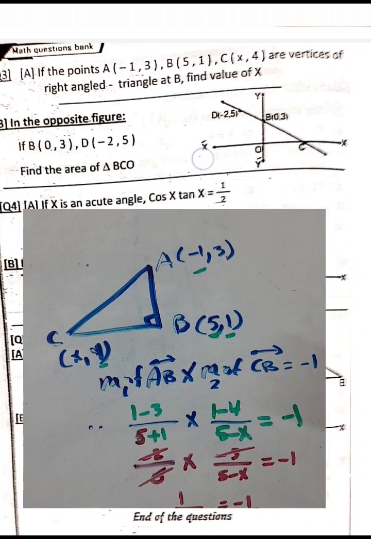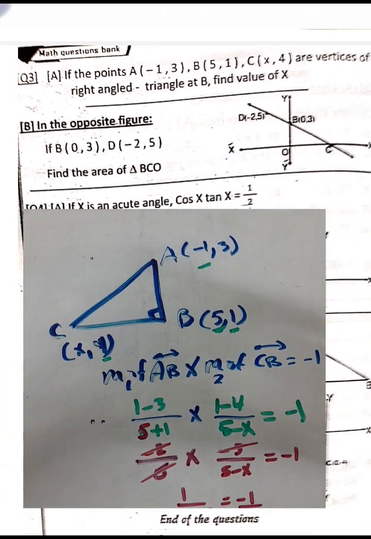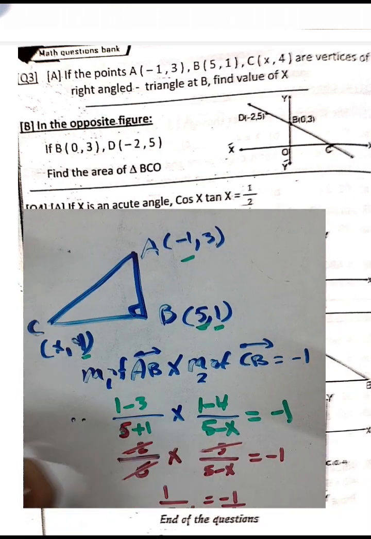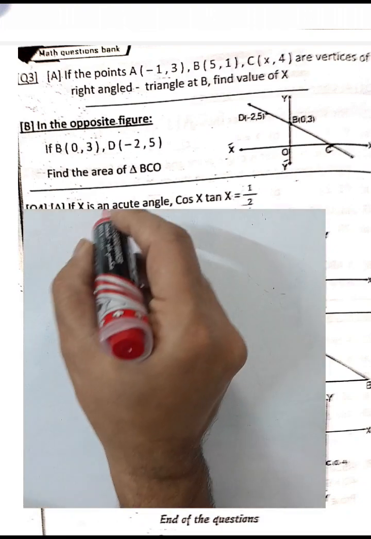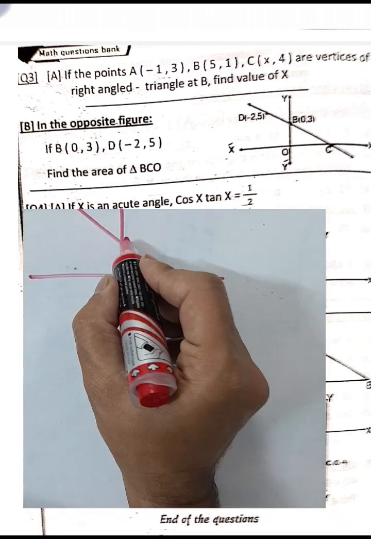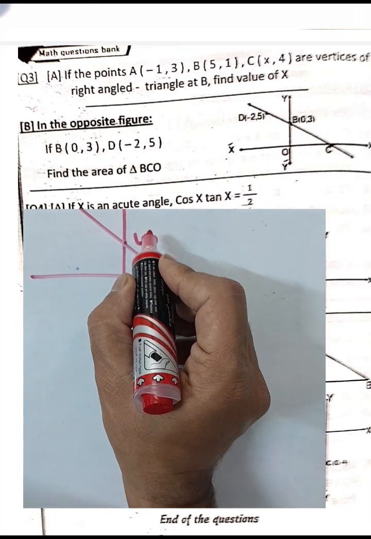Now we will solve question letter B. Here in the opposite figure, find the area of the triangle. Okay, we can find the area of the triangle by writing half times base times the height. I will draw this graph, and we have a straight line passing through the point here 0 and 3.